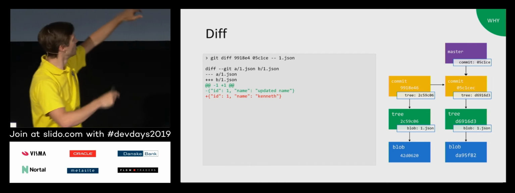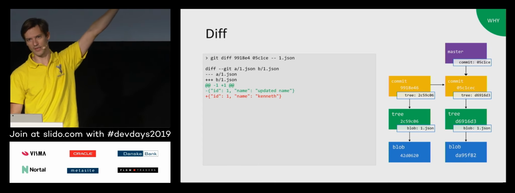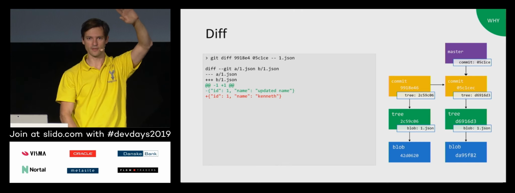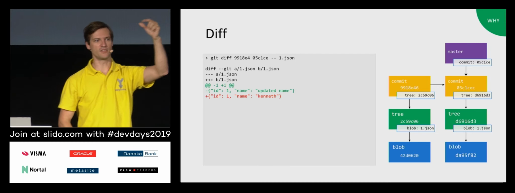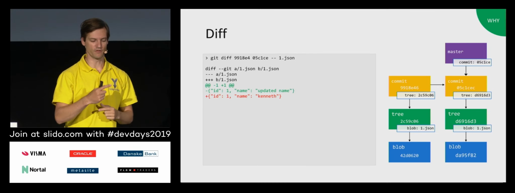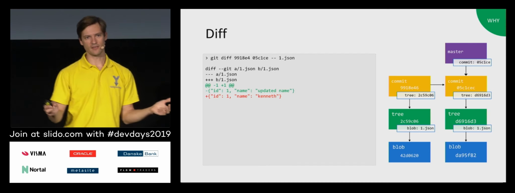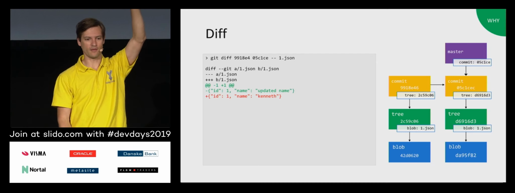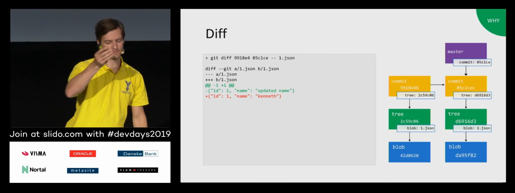In this instance, I've written the JSON on one line. If you had a JSON which is formatted, then you'll get the exact lines where it changed, so you can see the exact properties that changed over time. And you can do things like git bisect, where you take a large range of commits and then go looking for where that particular piece of data has changed.